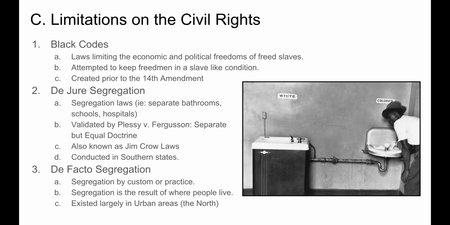All right, de facto segregation. This is actually still pretty common. It's not by law. De facto segregation is segregation by fact, by custom and practice. It largely exists because of where people live. So segregation is a result of where people live.